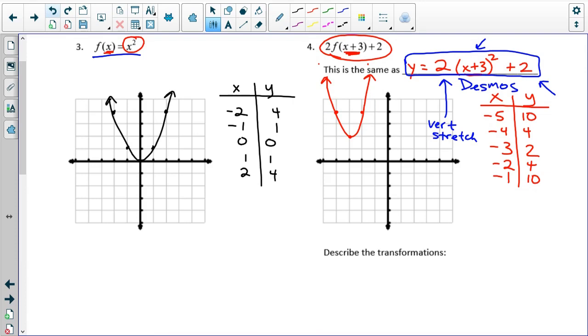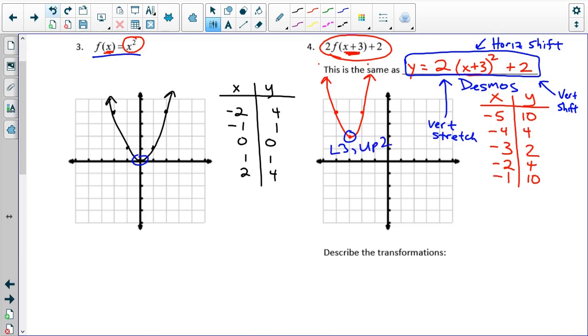The 3 in the middle is a horizontal shift, and I know that that's going to move left 3. So notice that my vertex moved to the left 3. Also, I have a vertical shift up 2. Notice that my vertex moved up 2 as well.